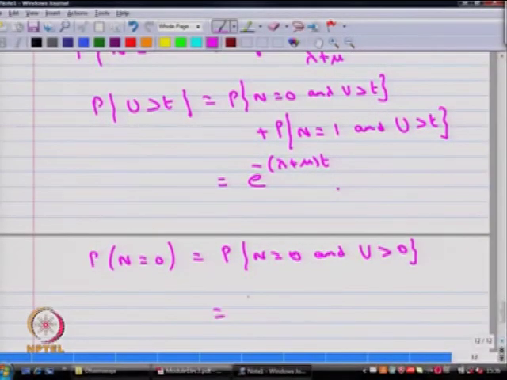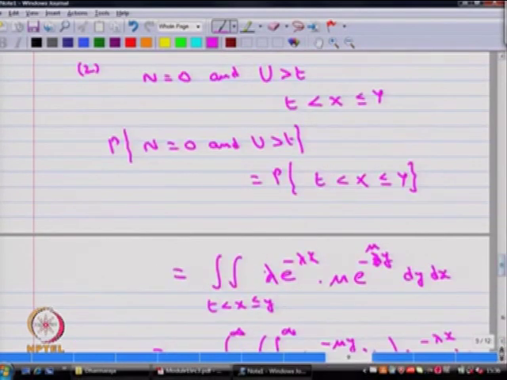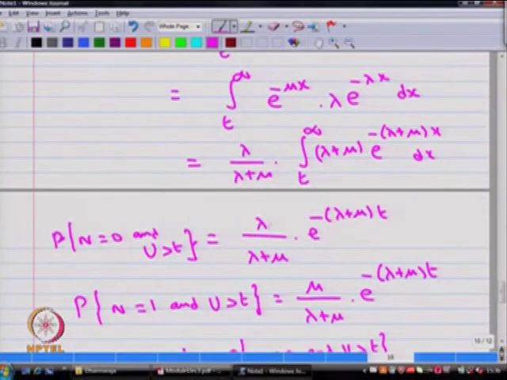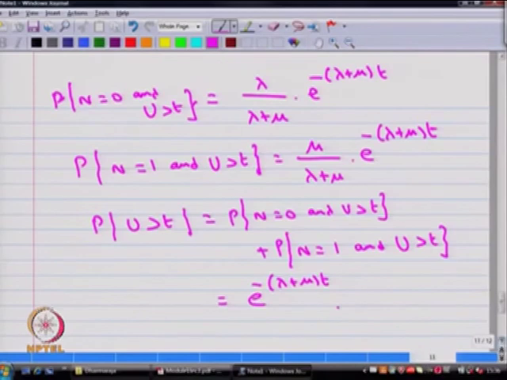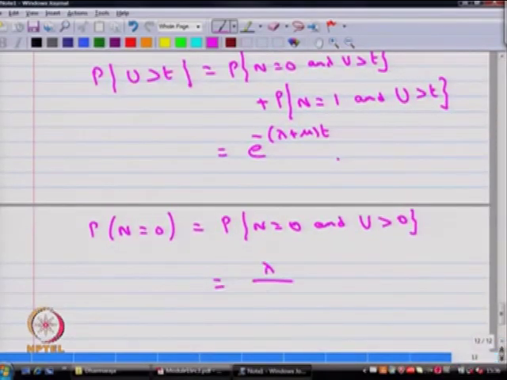If you recall, probability of N equal to 0 and U greater than t is lambda divided by (lambda plus mu) times e power minus (lambda plus mu) t. Here the t can be greater than or equal to 0. So, substitute t equal to 0, that will give probability of N equal to 0. Therefore, this will become lambda divided by (lambda plus mu).